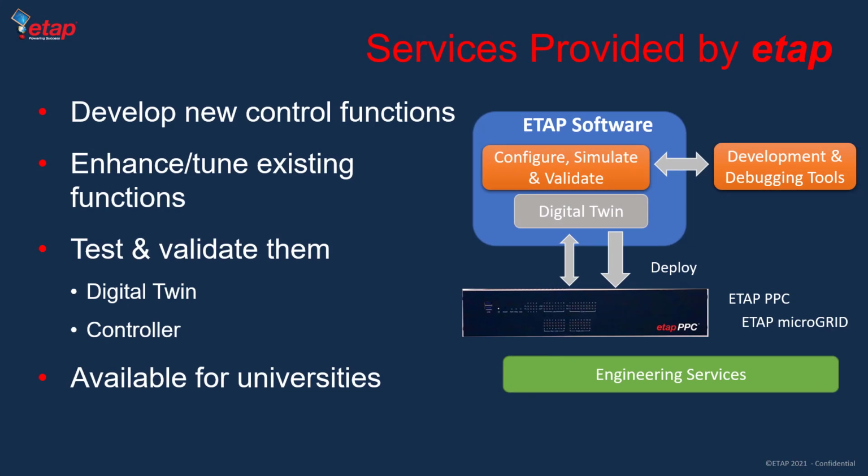With ETAP, if you want to, for example, enhance different functions of the controller, or you want to model a specific controller, you'll be able to contact our service group, and we'll provide services to develop new control functions, enhance or tune the existing functions, test and validate them, generate a digital twin for the controller, and also perform software in the loop and hardware in the loop testing if required.